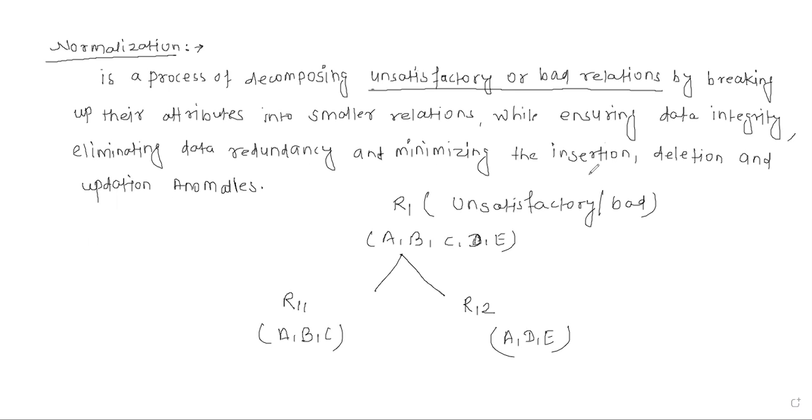These three terms we need to understand. So what is the meaning of normalization? If you have an unsatisfactory relation, meaning some redundant data and some empty fields, which is not at all accepted, you will say that relation is in bad form or unsatisfactory form. In that case, you need to go for the normalization process.